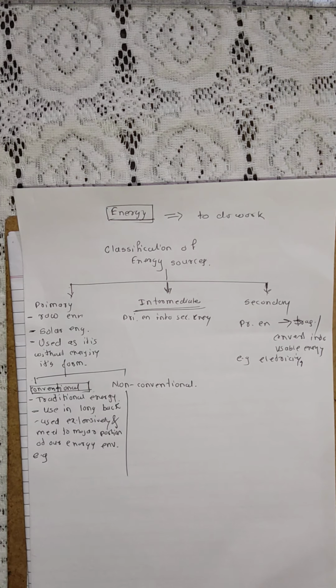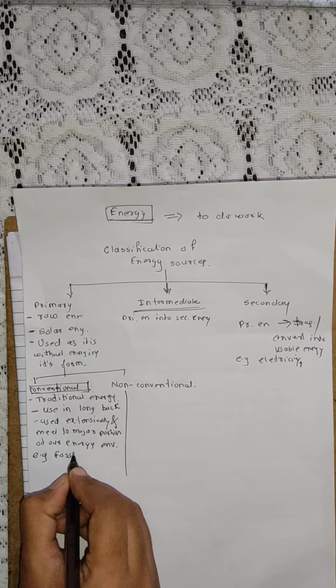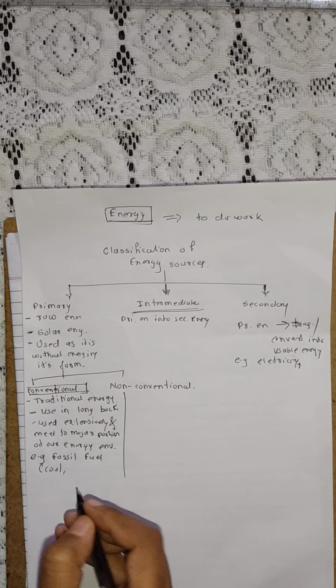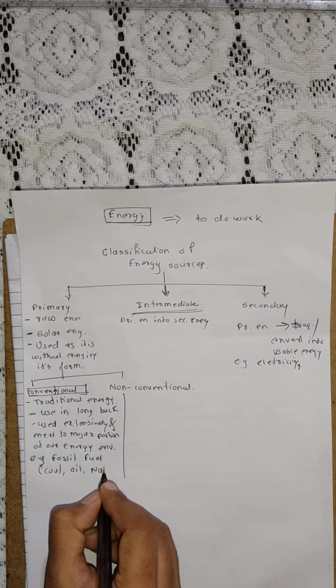Examples of conventional energy: fossil fuel, in which coal is there, or oil, natural oil, or natural gases.